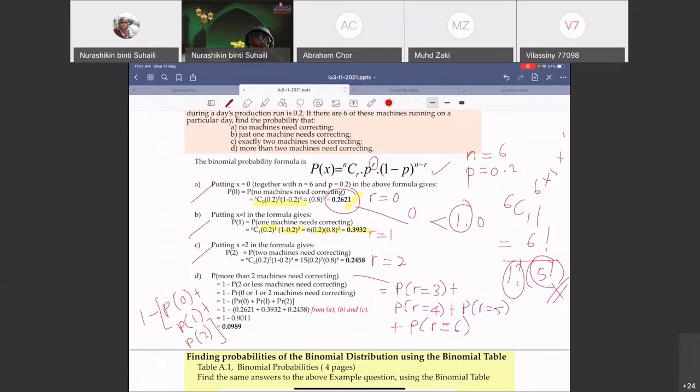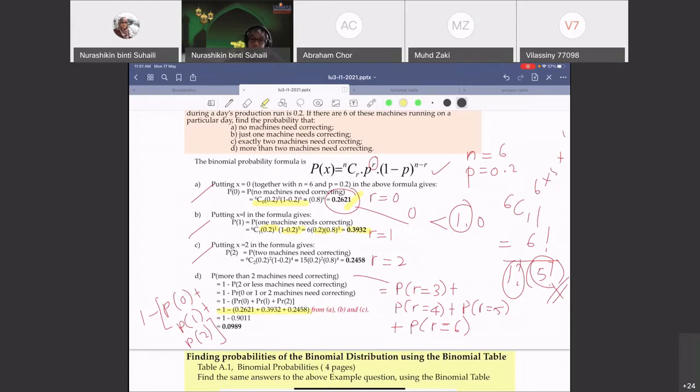0.2621 plus 0.3932 plus 0.2458, and then you subtract the sum from 1. You will get 0.0989. Make sense?